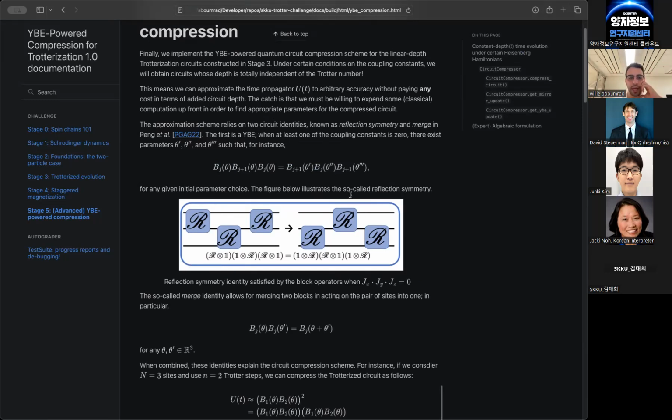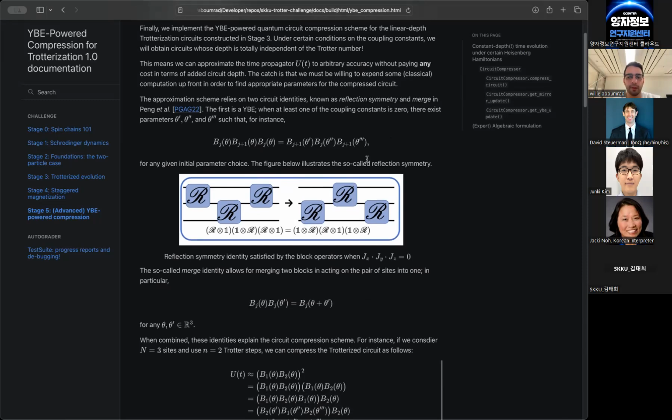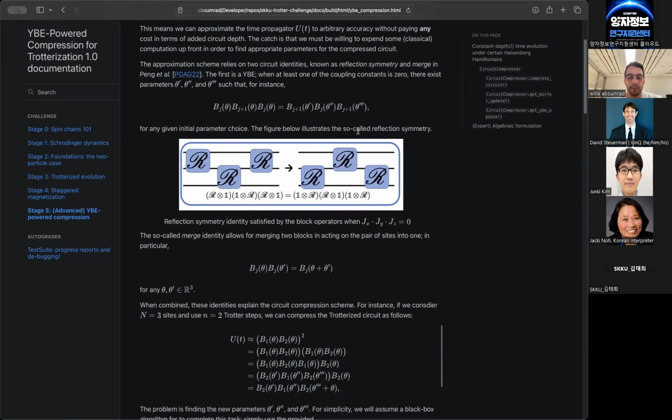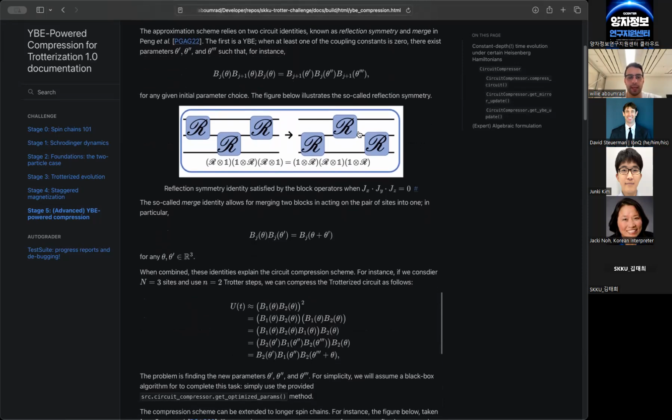So whenever you have a chain of 3 blocks, you can somehow flip the order. This we'll call the reflection symmetry, in keeping with this paper by Peng et al. But you could come up with other names if you wish.